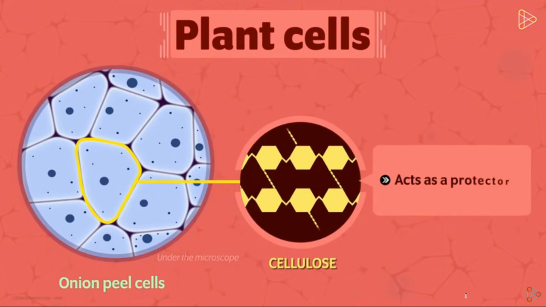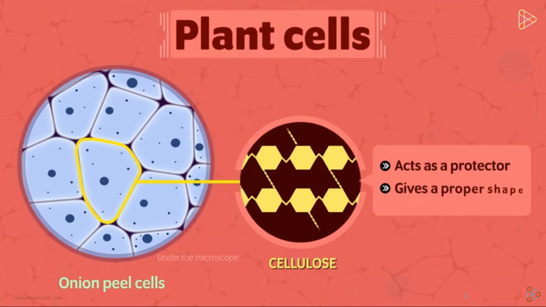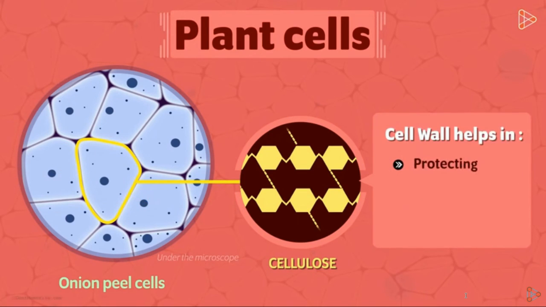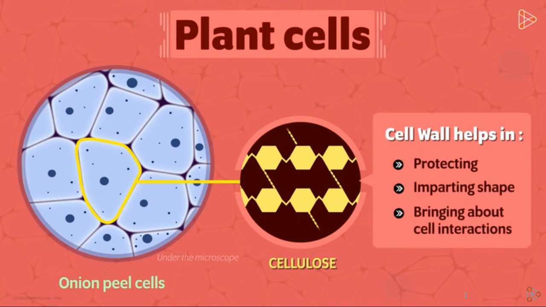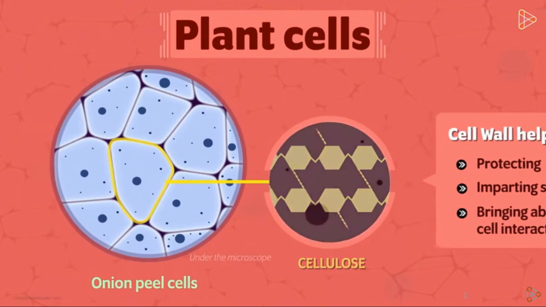It not only acts as a protector, but also gives a proper shape to the plant cells. It also helps in cell-to-cell interactions and provides a barrier to undesirable macromolecules. It protects, it gives shape to the cells, and it helps in cell-to-cell interactions. Clearly, the cell wall is a very important part of the plant cell structure.